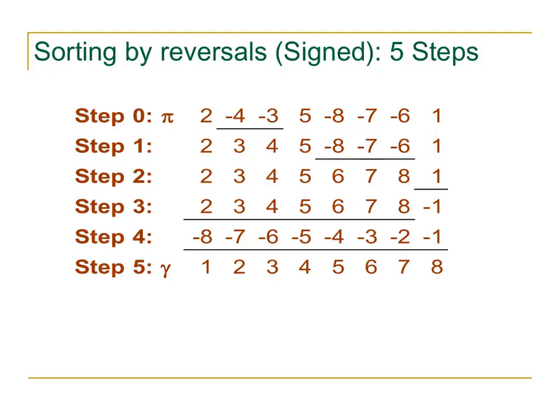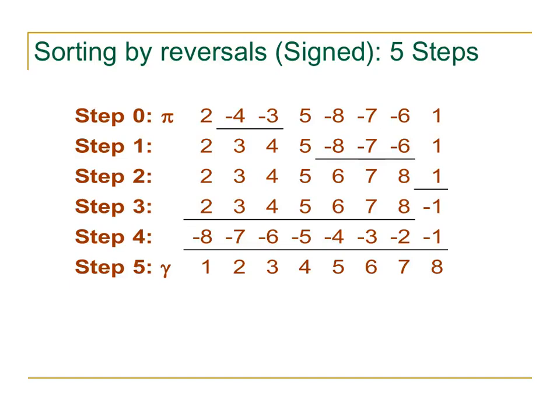Step 3. Reverse the prefix up through the 1, the block 2 to 8, flipping its sign, to get 2, 3, 4, 5, 6, 7, 8, 1. Step 4. Reverse the entire block, minus 8, minus 1, which produces 1, 2, 3, 4, 5, 6, 7, 8.